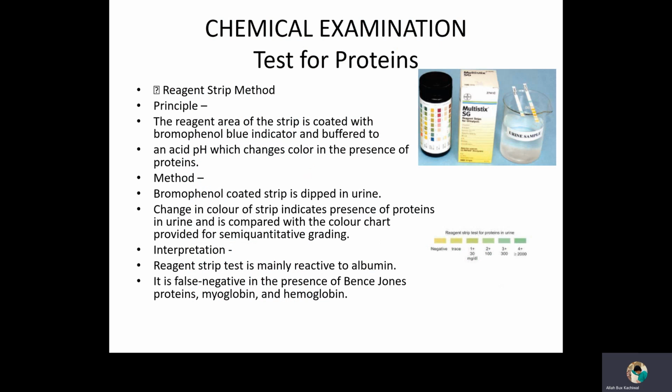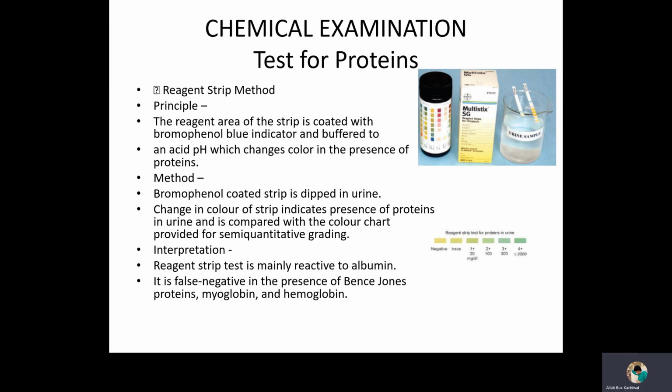The principle for the reagent strip test for protein is that the reagent area of the strip is coated with bromophenol blue indicator and an acid buffer, so the pH changes the color in the presence of protein. In the method, the bromophenol-coated strip is dipped in urine, and the change in color of the strip indicates the presence of protein in urine.